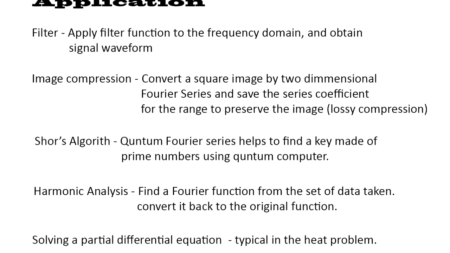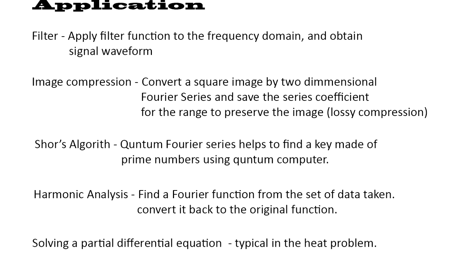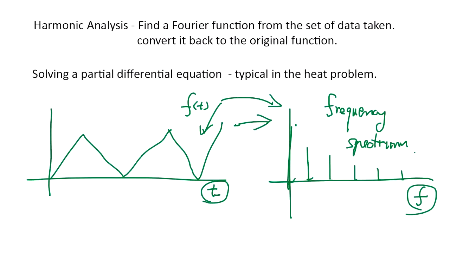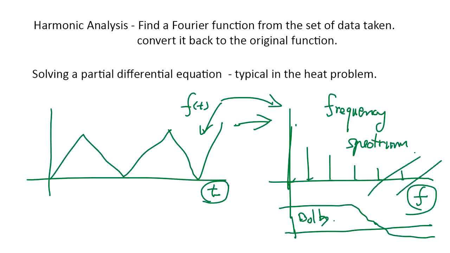What applications do we have? For example, a filter. Apply a filter function to the frequency domain and obtain the signal waveform. So what happens if you have a filter like a Dolby filter? The high frequency hiss noise is eliminated, so this side is eliminated.